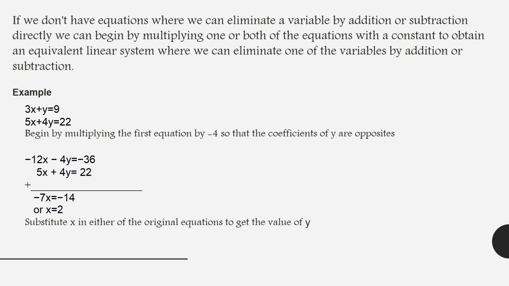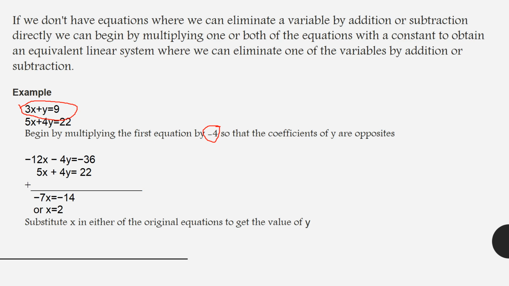So what we are doing here, we begin by multiplying the equation 3x plus y equal to 9 by minus 4, so that the coefficient of y will be of opposite sign.